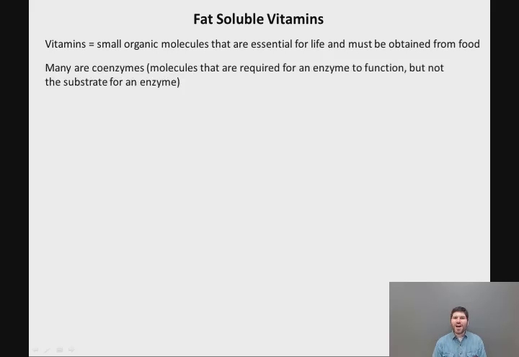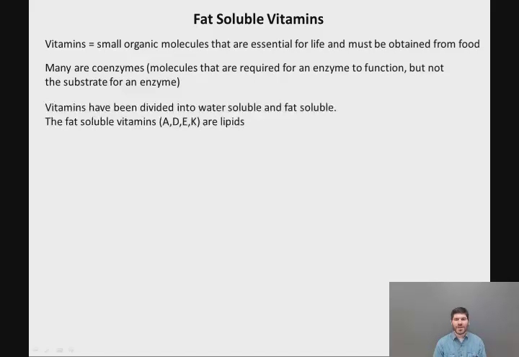But what we do know about vitamins is that many of them are what are called coenzymes, which we will have more to say in a subsequent unit of this course. But coenzymes are molecules that are required for an enzyme to function, but are not the actual substrate for that enzyme. The enzyme does not catalyze a reaction on the coenzyme.